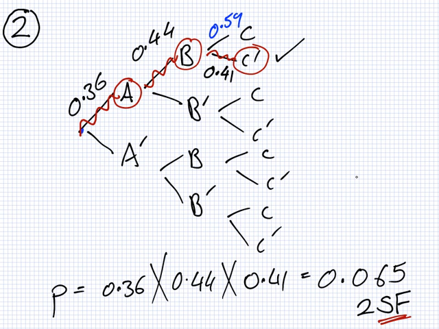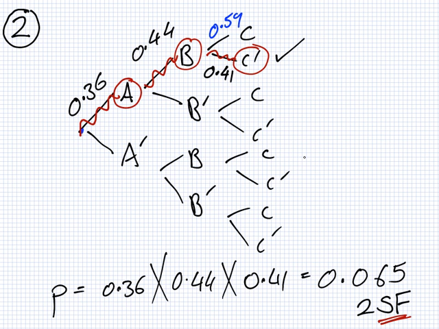You don't have to draw the tree. You could just write this down directly. I just drew the tree to help explain it, but the question never actually said to draw the tree. So I don't even think there are any marks for drawing it.